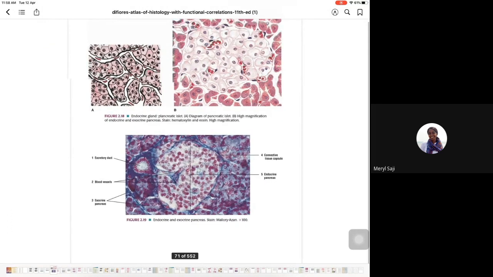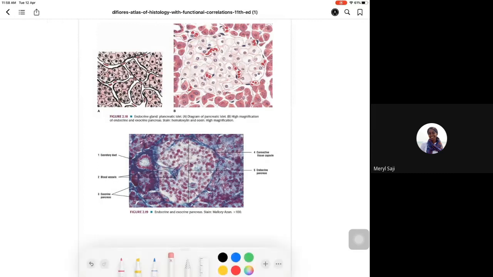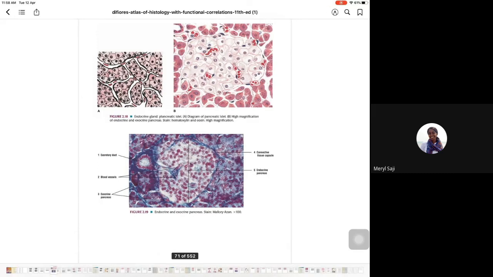Now we will cover pancreas. Pancreas and adrenal are two-in-one organs. Pancreas has exocrine and endocrine parts, and adrenal has cortical and medullary parts. So these are the two organs that are buy one get one free. In the exocrine pancreas, you see abundant granular cytoplasm. These are more like parotid glands.